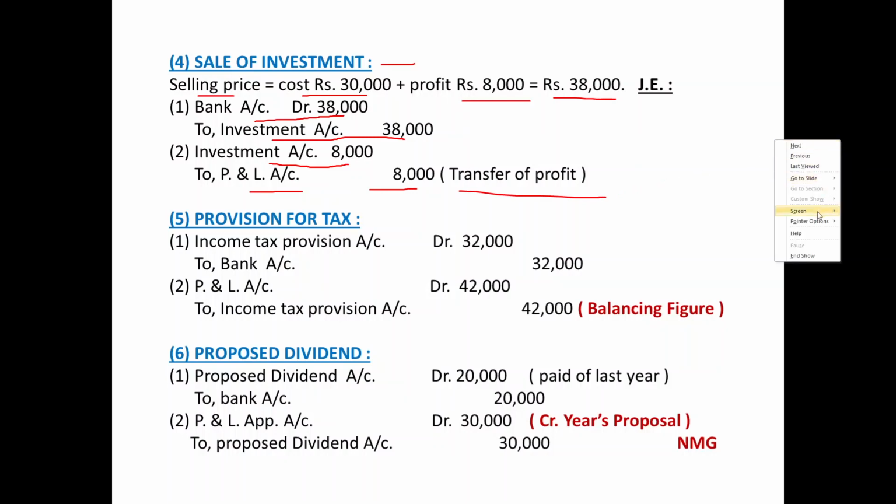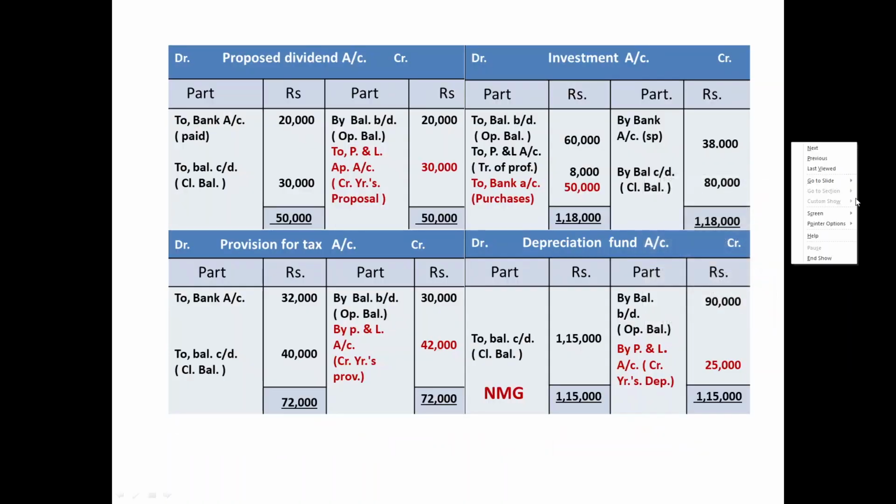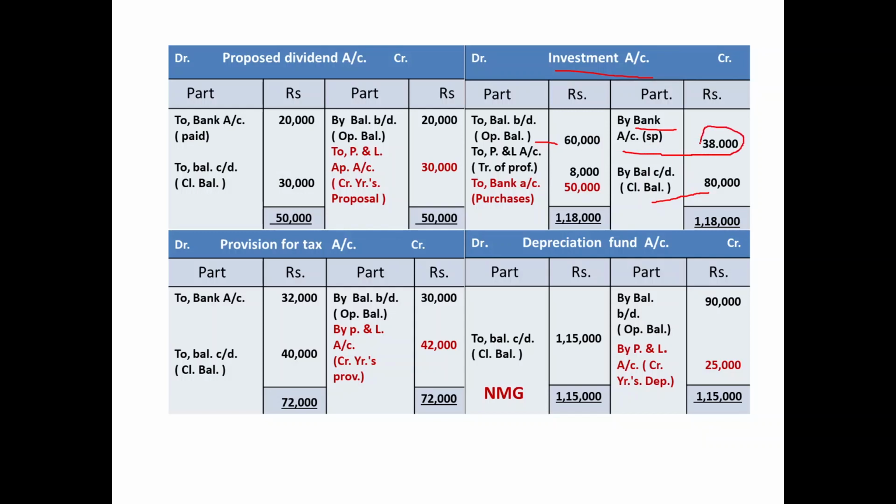Let us give the posting in the concerned ledger accounts for this item. Investment account. Have a look. This is the investment account. Opening balance 60,000, closing balance 80,000 as given in the balance sheet. Posting of the first journal entry, bank account debited to investment account credited 38,000. Posting of the second journal entry, investment account debited to profit and loss account credited for transfer of profit 8,000.